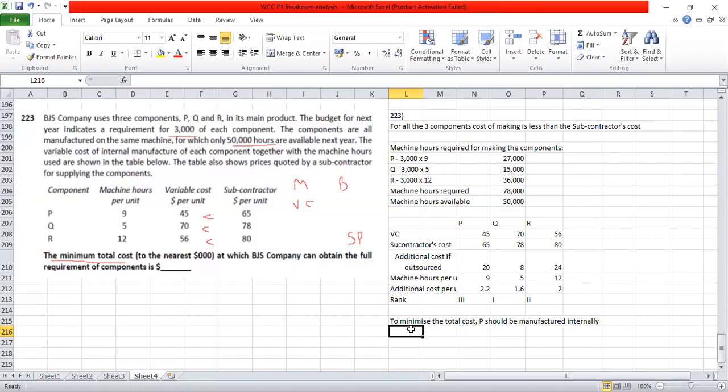So the remaining hours are 50 minus 27, which is 23 thousand hours, 23,000 hours.